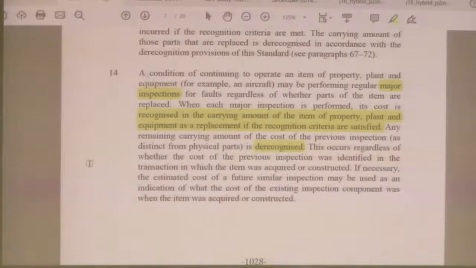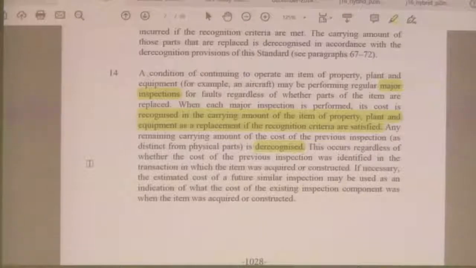This occurs regardless of whether the cost of the previous inspection was identified in the transaction in which the item was acquired or constructed. If necessary, the estimated cost of a future similar inspection may be used as an indication of what the cost of the existing inspection component was when the item was acquired or constructed. Now, what you should understand: any major inspection, you should capitalize in your carrying amount.